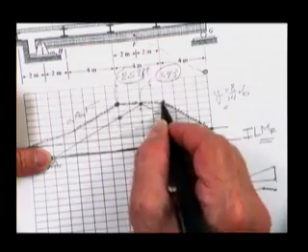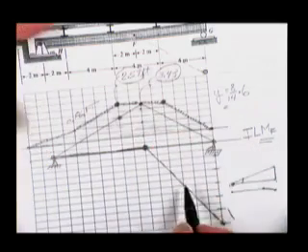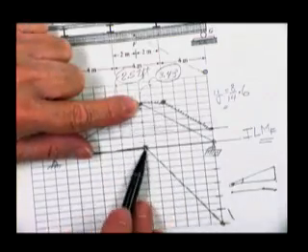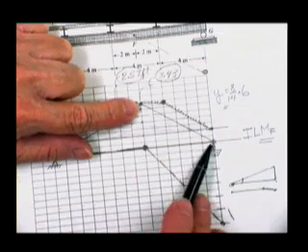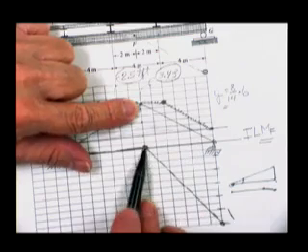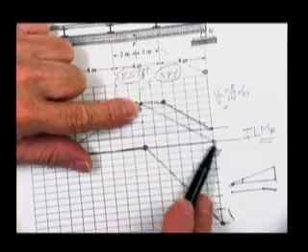And here is his height. This number is 3.43 tall. And this number is 1, 2, 3, 4, 5, 6 meters wide. And you're out here 4 meters from this end.